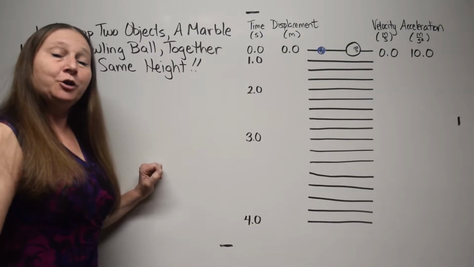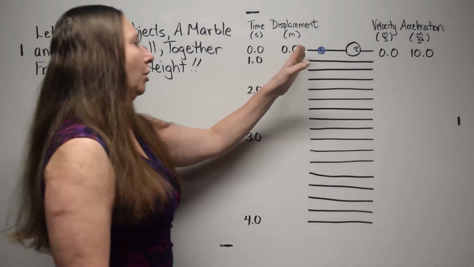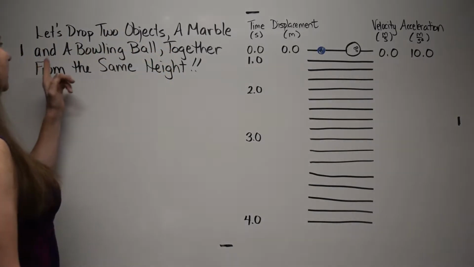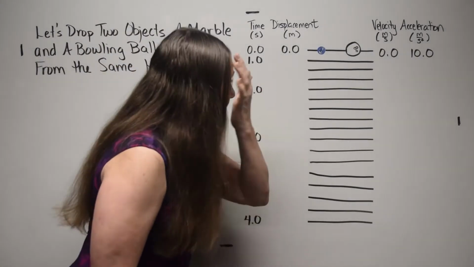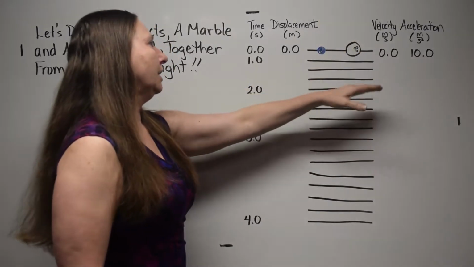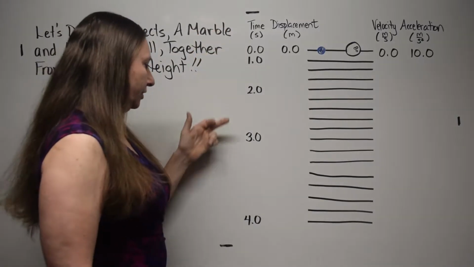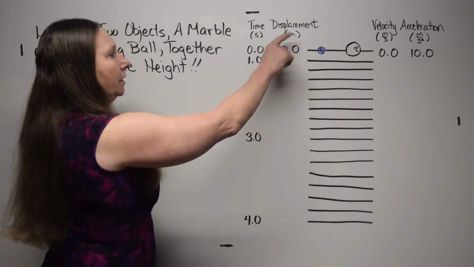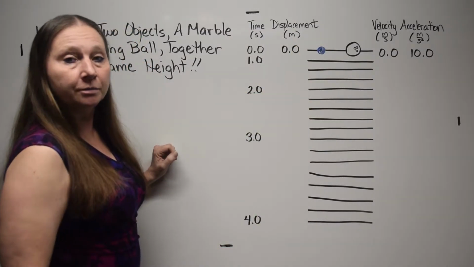So, just to make sure that the two objects hit the ground at the same time, let's drop two objects, a marble and a bowling ball, together from the same height, and see what each acceleration, velocity, and displacement are after 1 second, after 2 seconds, after 3 seconds, after 4 seconds. So we're going to drop the marble and the bowling ball from a height of 80 meters.